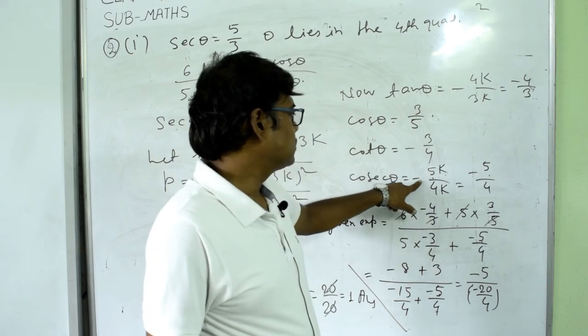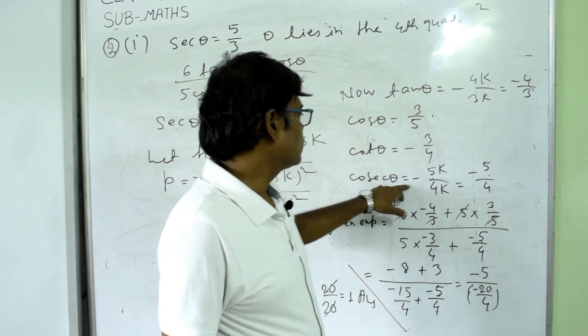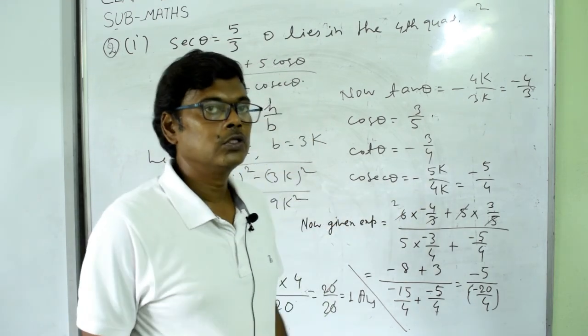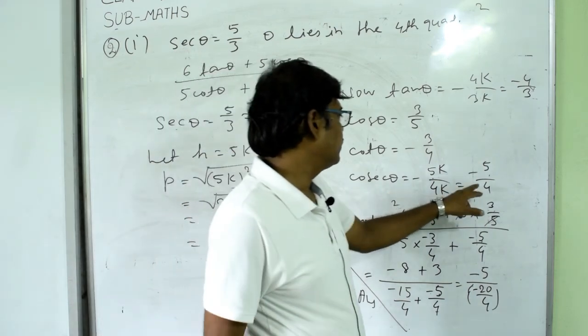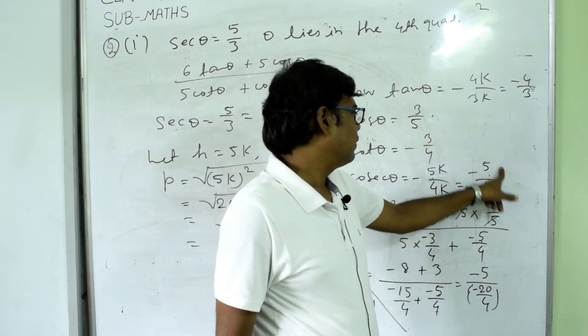Previously I had written it incorrectly. And this has a negative sign because cosec theta is negative in the fourth quadrant. So the value of cosec theta will be equal to minus 5 by 4.